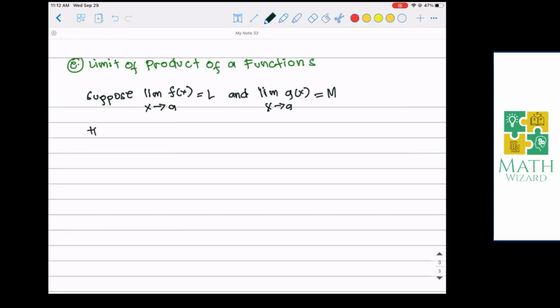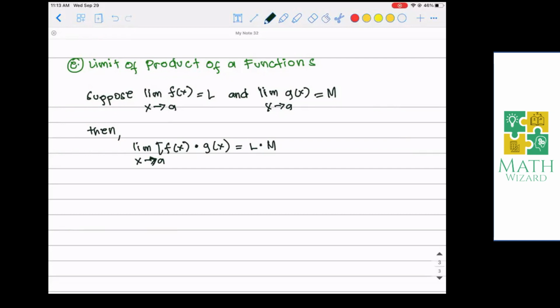Then we need to multiply the two. So let's say if it is given in this format, the limit of the f of x multiplied to the g of x as x approaches to a, ang magiging sagot ay the limit for the f of x and the limit for the g of x, and then we multiply them together.